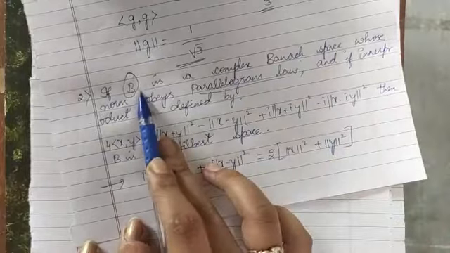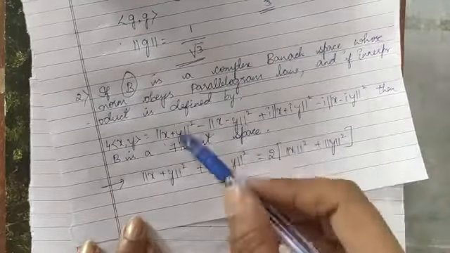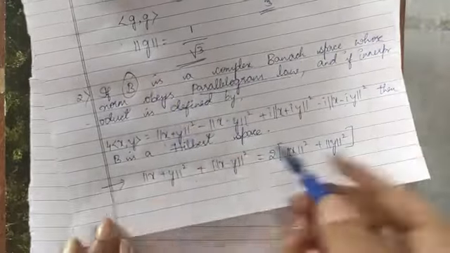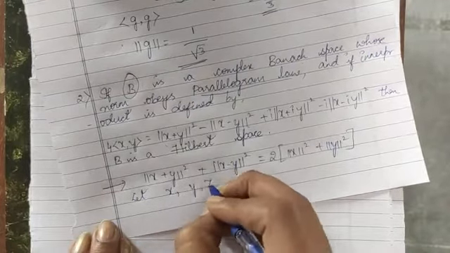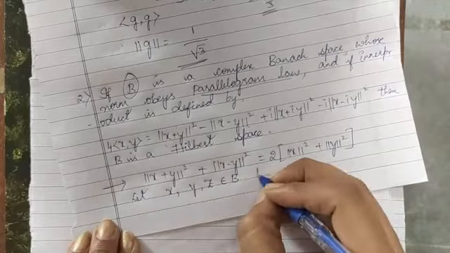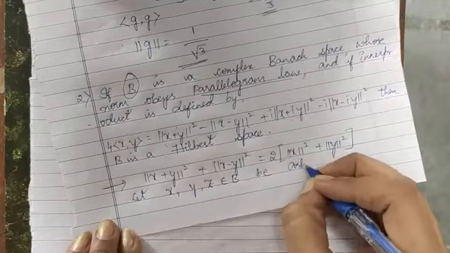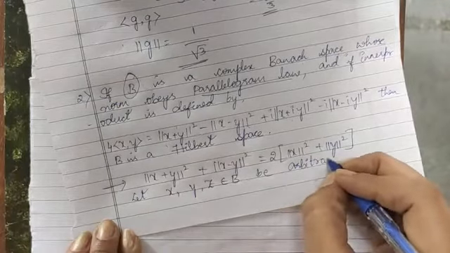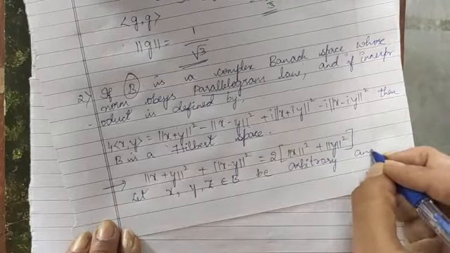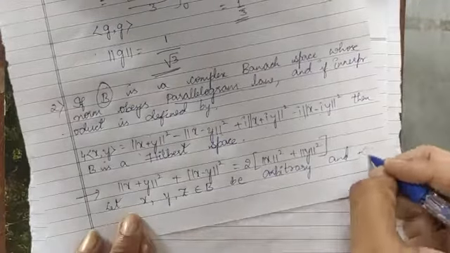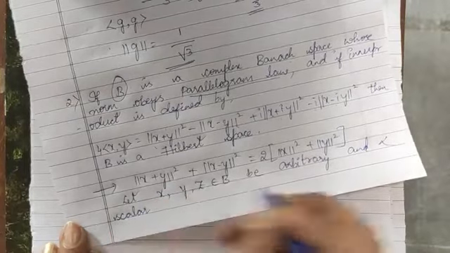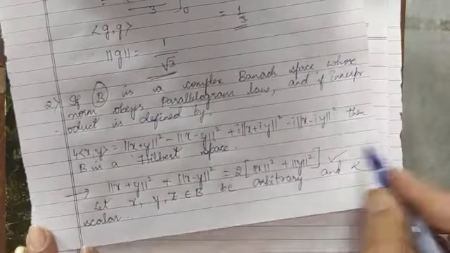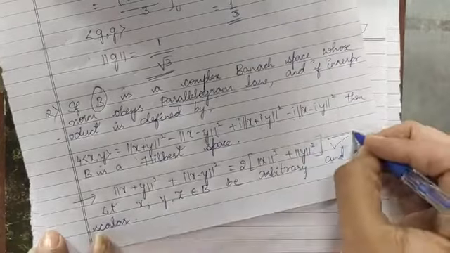Since we are in a complex Banach space, I will consider elements in B. Let x comma y comma z belong to B be arbitrary, and I will consider one scalar, say alpha. Alpha is a scalar. Okay, so this is my parallelogram law. I will call this equality 1.